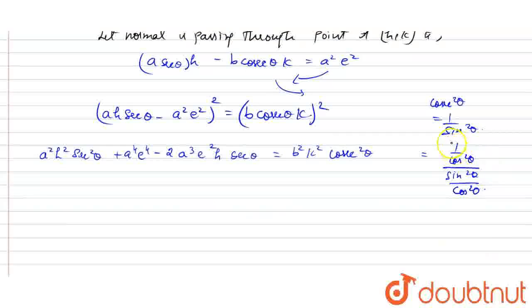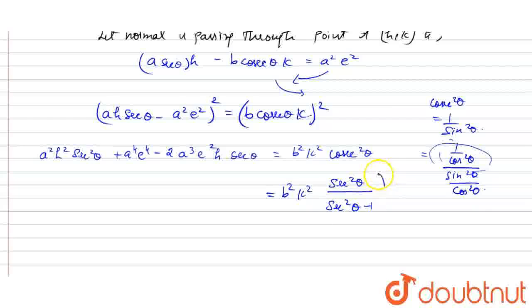Therefore this 1 minus cos square theta is b square k square, equal to secant square theta divided by sine square theta by cos square theta equal to tan square theta. So tan square theta is secant square theta minus 1. So secant square theta minus 1. Okay, so this is the value I'm going to take here.